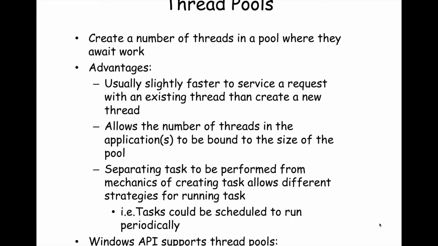Okay, and so the other benefit, separating tasks to be performed from mechanics of creating the task, allows different strategies for running the task. So now when you have this thread pool, underneath the covers, if this is my operating system, right?